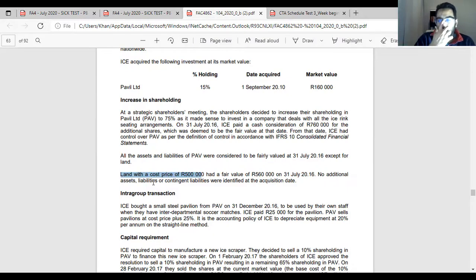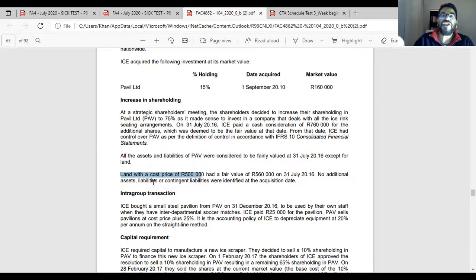This is a rule or a principle that the accounting standard says. When there is a change in ownership and the change in ownership results in a change in the nature, or the type, of the investment, remember, here we went from an ordinary investment to a subsidiary.